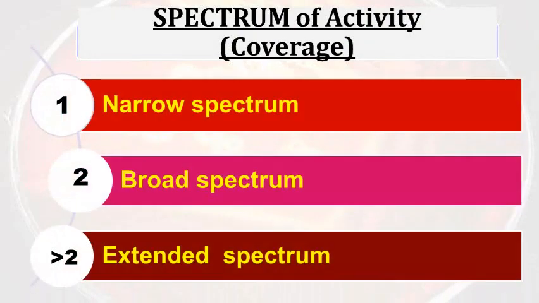First criteria, spectrum of activity, talks about coverage of the antibiotic. Depending on that, there are three classes. First one is narrow spectrum. If an antibiotic is able to cover any one class of bacteria, it is known as narrow spectrum.